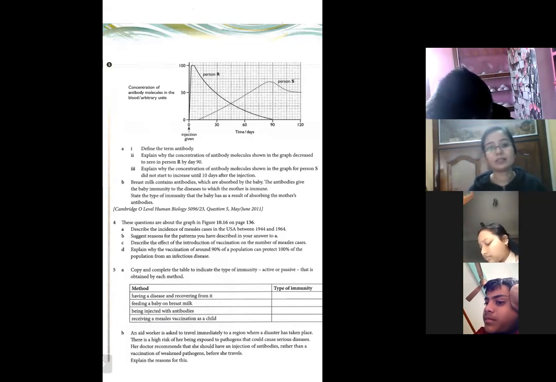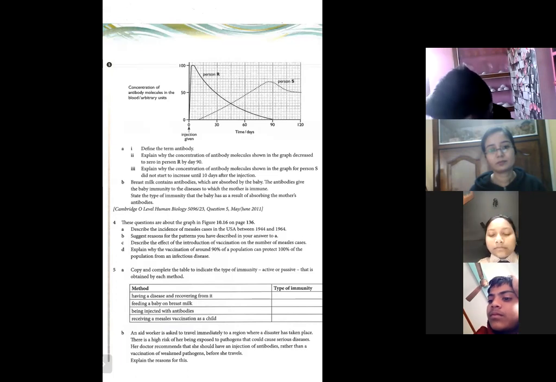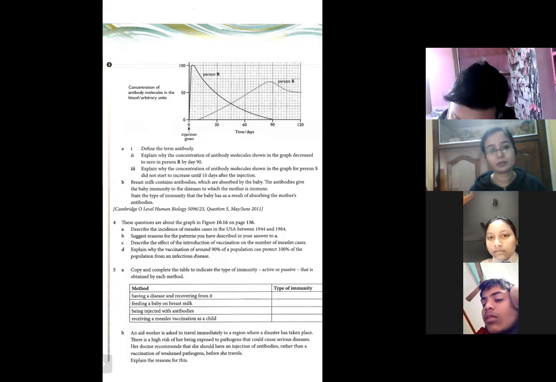As the newborn babies cannot make the antibodies themselves. Have you written up to this?